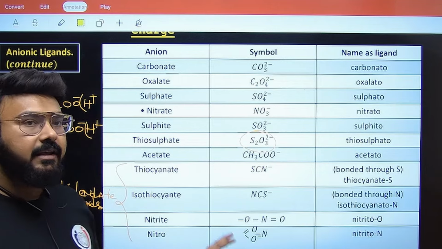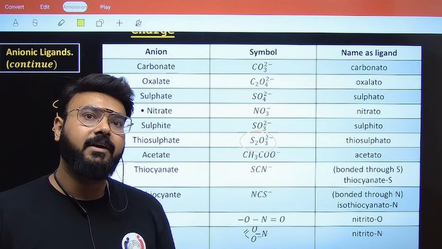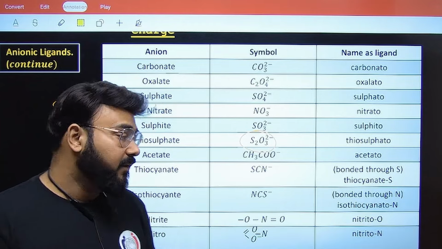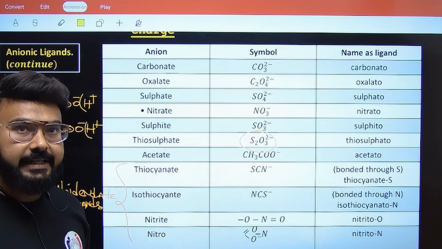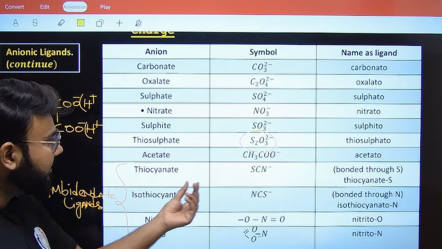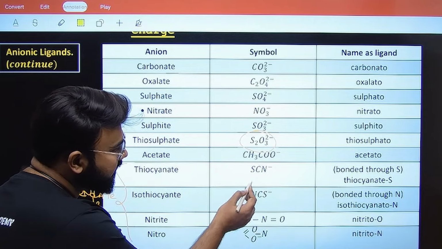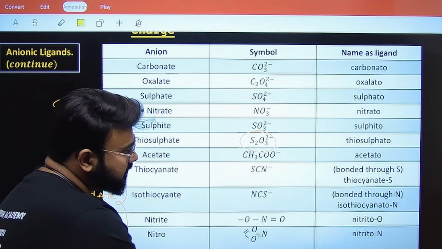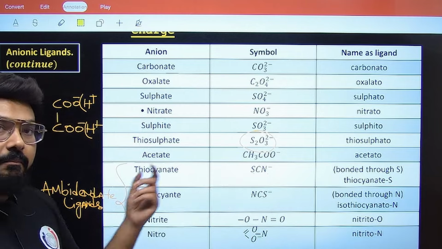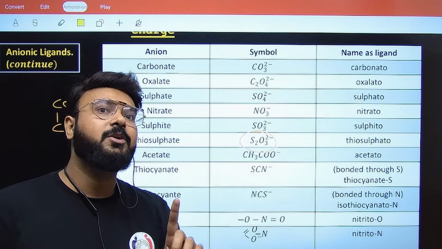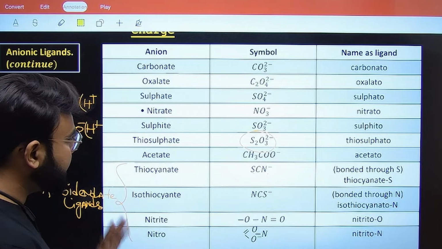Such ligands donate only one pair of electrons, but they have two donor centers. Here, sulfur can donate, and nitrogen can also donate, but only one will be active, donating at a time. Such ligands are ambidentate.